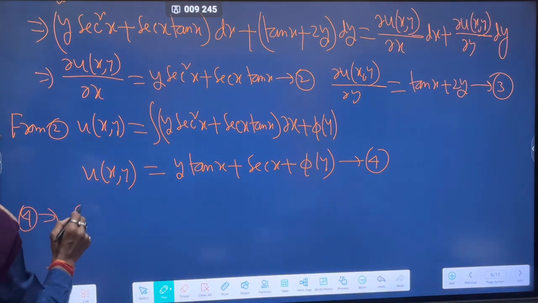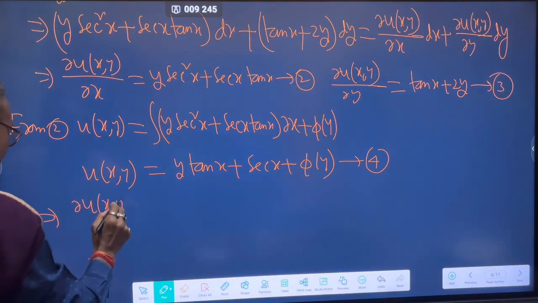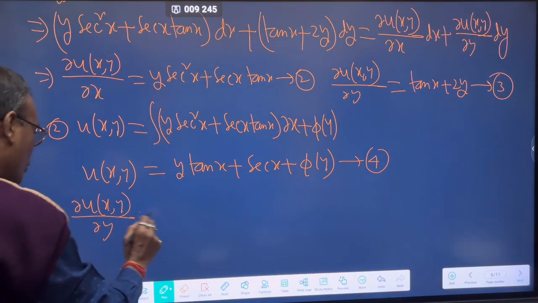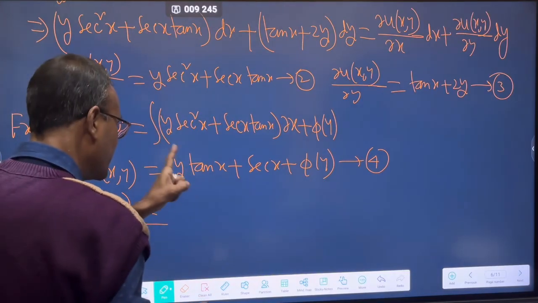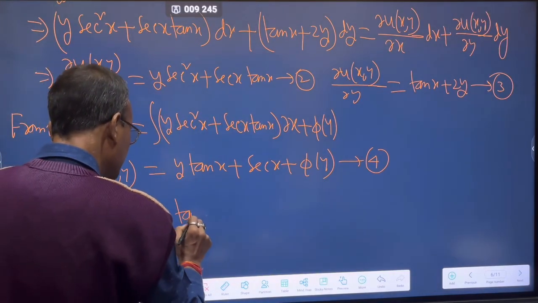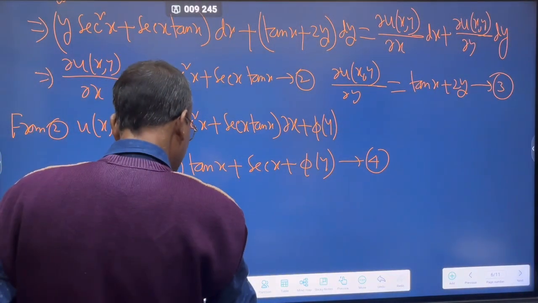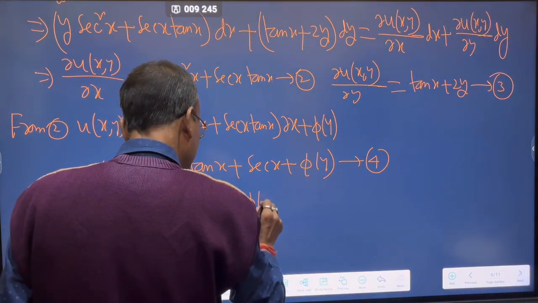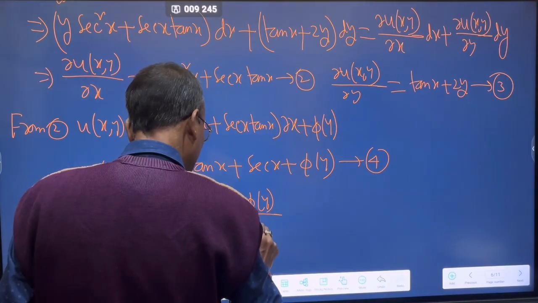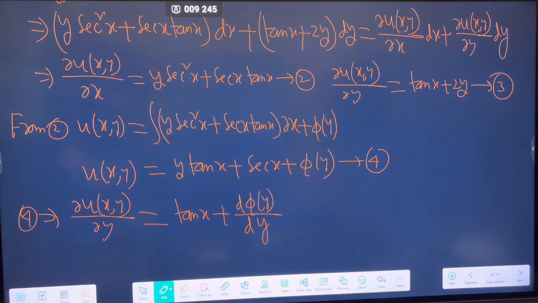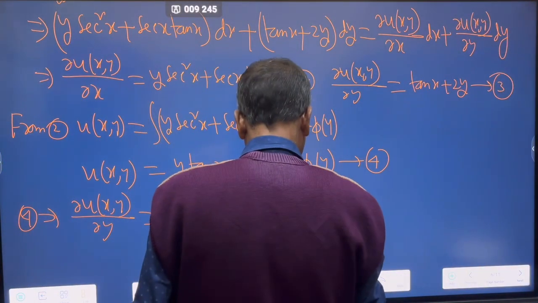From 4, differentiate this with respect to y partially. You will get tan x, and sec x is 0 with respect to y, plus d phi by dy. This is number 5.